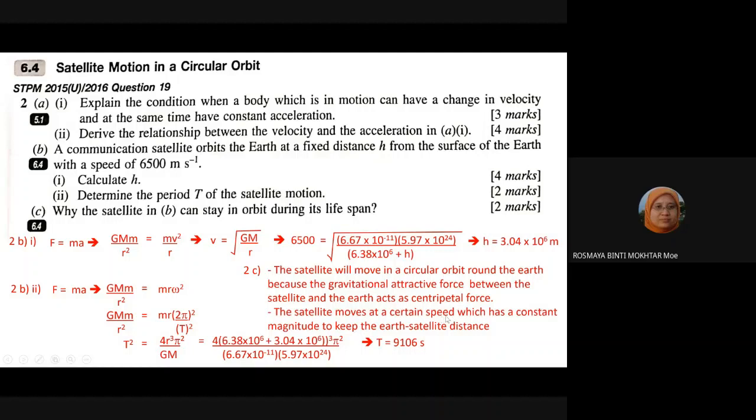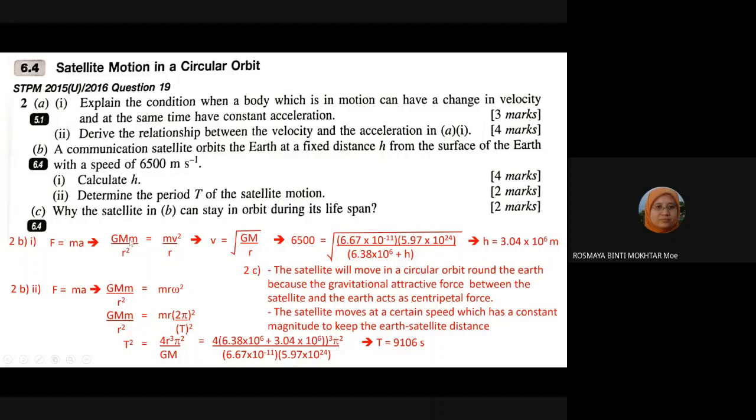This one actually comes from here, v and r. It moves with a certain speed to keep the Earth-satellite distance. So if r changes, then v changes. This one, GMm per r squared, is explained by the first statement: this is the centripetal force, and this is the gravitational force provided.